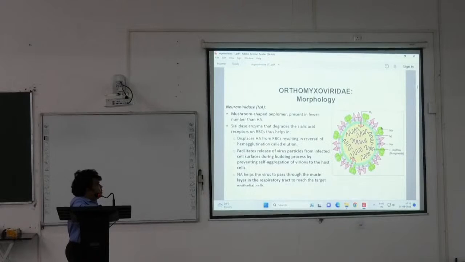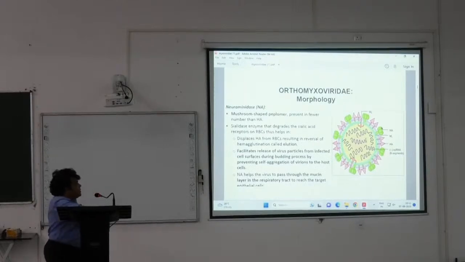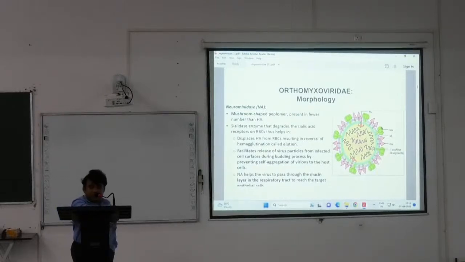Next comes the neuraminidase. What is the function? They have sialic acid receptors on RBCs. So, this binds with those receptors and degrades the receptors. I'll come to it. Just remember this sialic acid receptor is very important, because a particular type of virus infecting a particular species, maybe humans, maybe animals, maybe even birds, depends on these kinds of receptors.